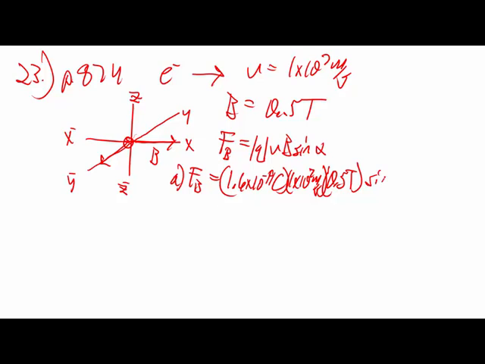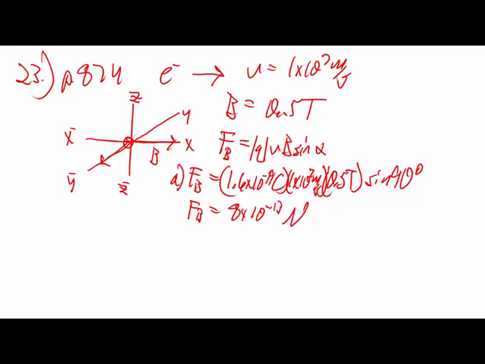What is the angle? Well, it's the sine of 90 degrees. Sine of 90 is 1, so we get an answer of 8 times 10 to the negative 13th newtons.